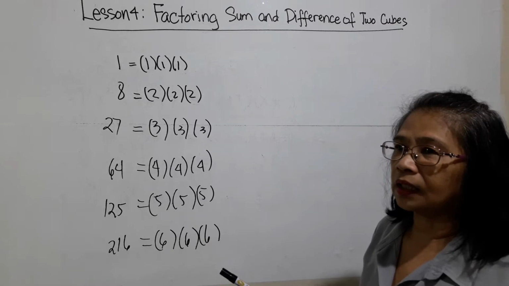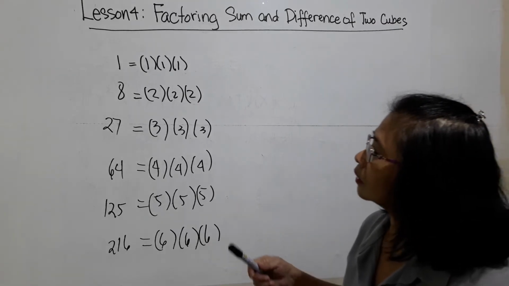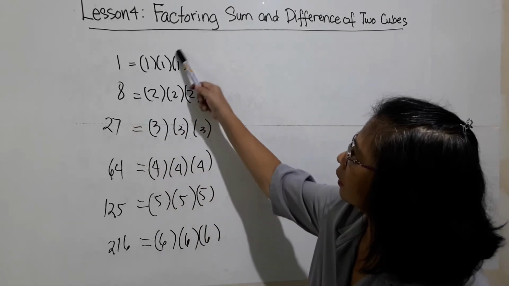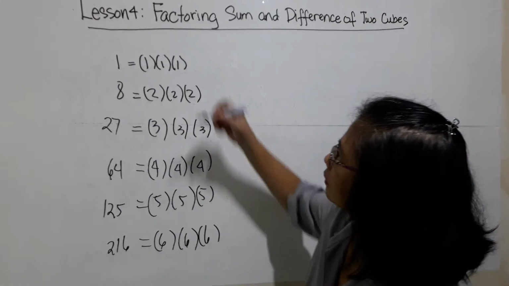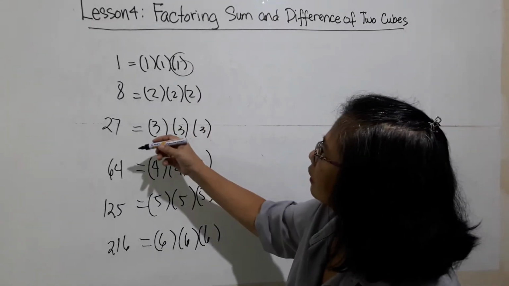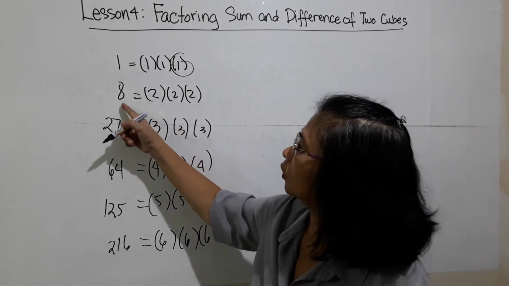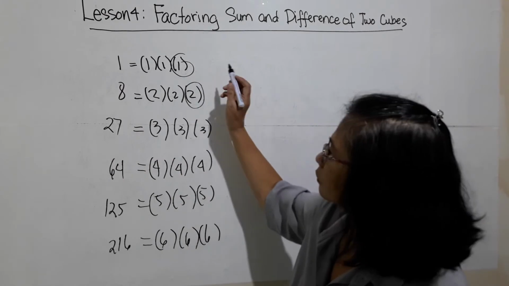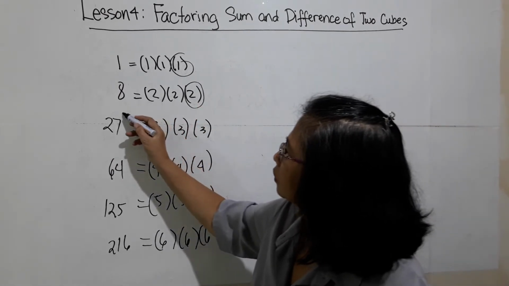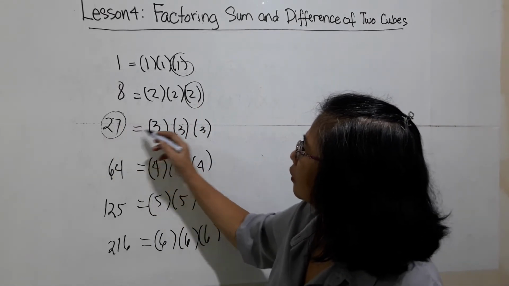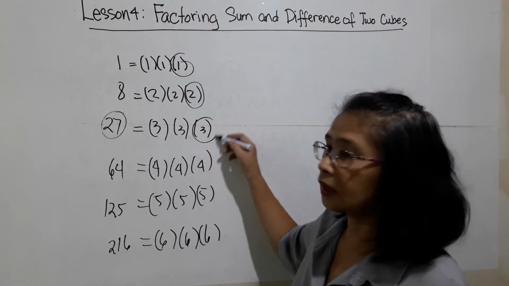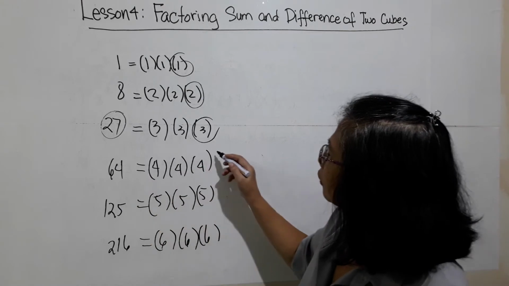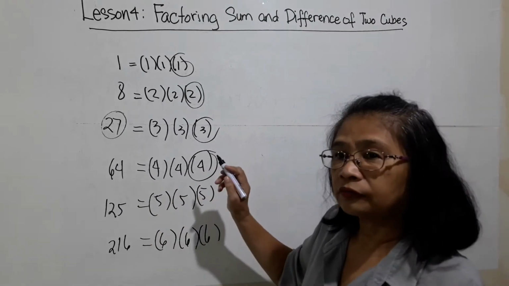So when I ask, what is the cube root of 1? Your answer is 1. What is the cube root of 8? Your answer should be 2. What is the cube root of 27? Your answer should be 3. What is the cube root of 64? Your answer should be 4.